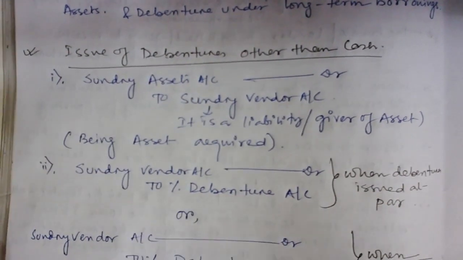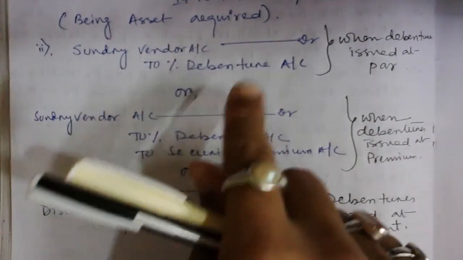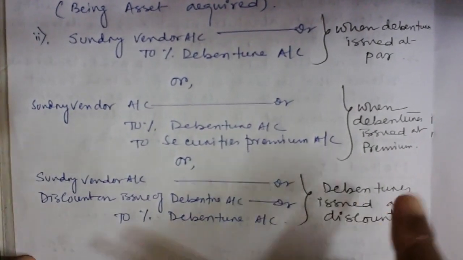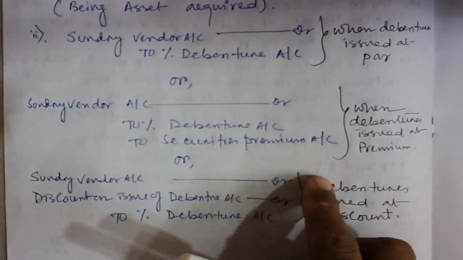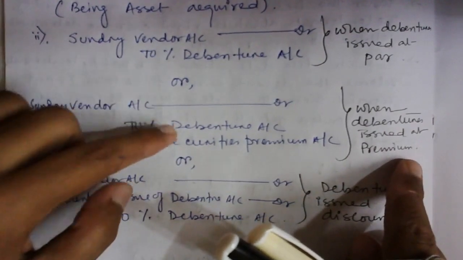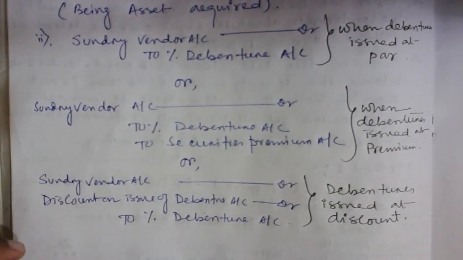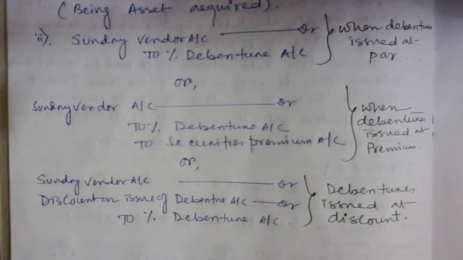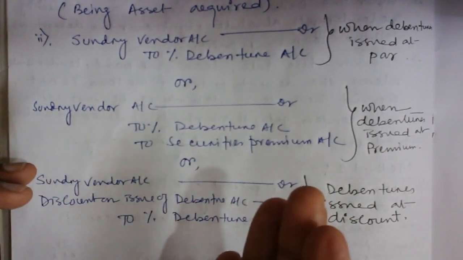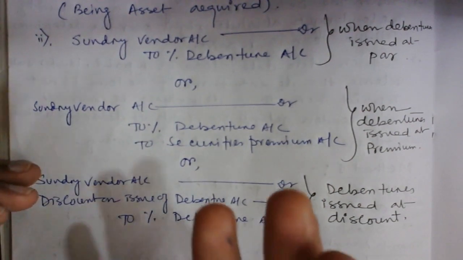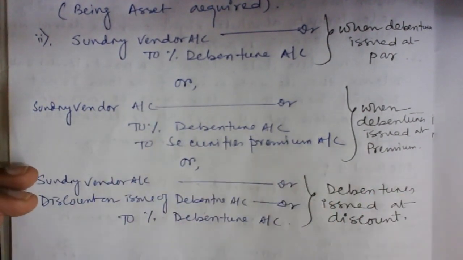But from the second journal entry onwards, there is a separate aspect we need to follow. At par, vendor to debenture. At premium, vendor to debenture and to premium. At discount, vendor debit, discount debit, to debenture. These are the three separate aspects we need to follow with respect to the issue of debenture other than cash, like for the purchase of machinery or other assets.